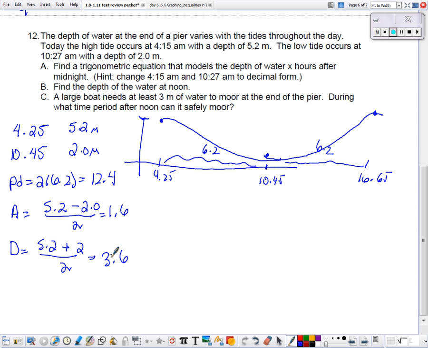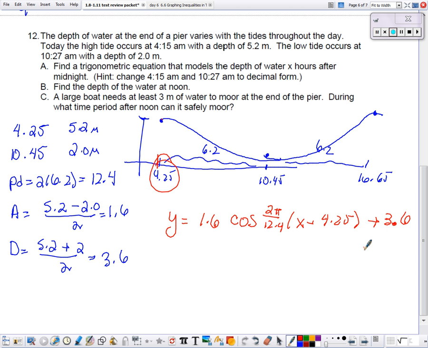And am I forgetting anything else? Oh, my phase shift. I'm going to choose cosine because that's the max is over here at 4.25. And I get my equation.